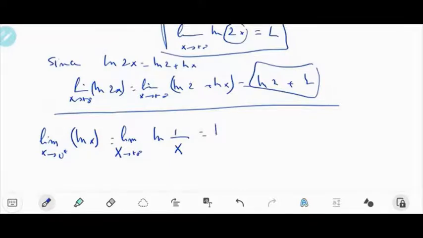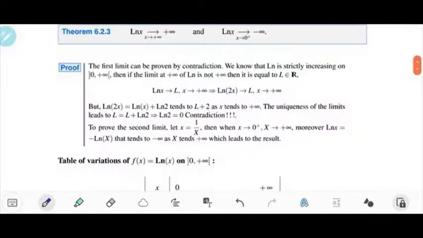Which is equal to the limit as big X tends to plus infinity of Ln of 1 minus Ln of X. So Ln of 1 is equal to 0, so it will be equal to minus infinity. Therefore, when x tends to 0 plus, Ln of x will go to minus infinity. And this is given in the following theorem. Okay, so when x tends to plus infinity, Ln of x tends to plus infinity, and when x tends to 0 plus, Ln of x tends to minus infinity.